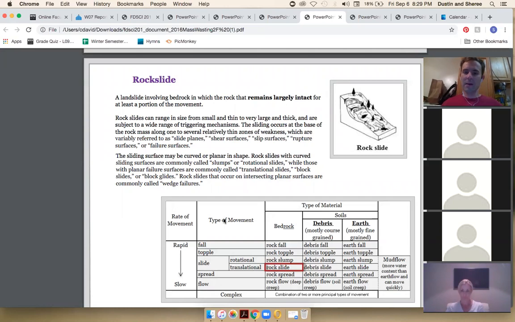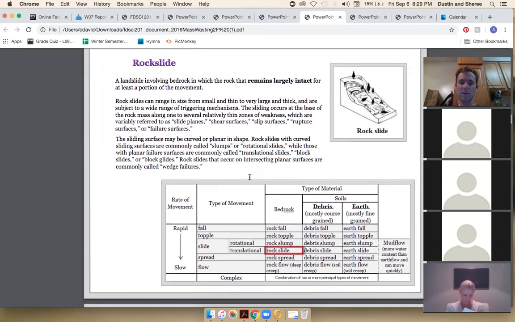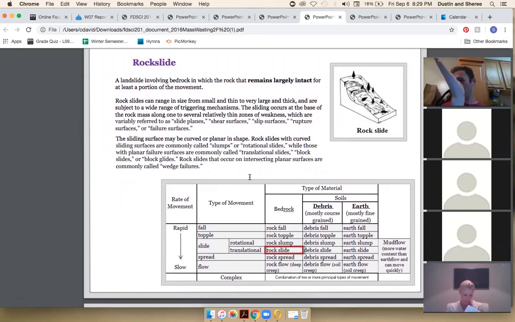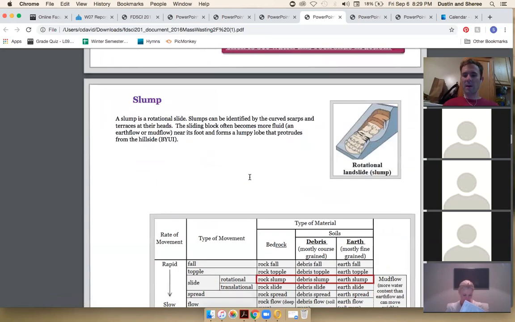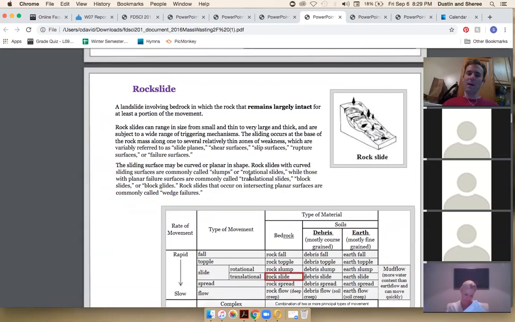Let's see. What else do I want to hit on this slide? They slide along a surface typically. It can be curved. It can even be a little planar sometimes. They're not going to really differentiate in here.